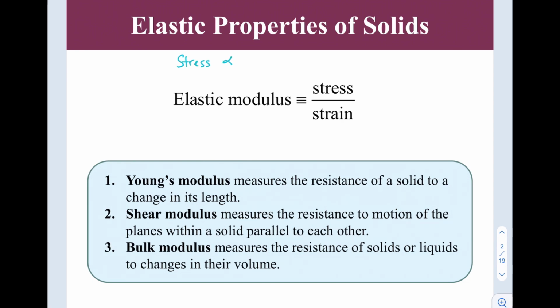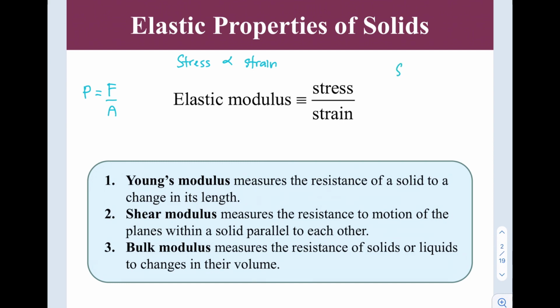Based on observation, stress applied on solids is directly proportional to the strain. What is stress? If you still remember, stress in general is pressure, which is equivalent to F over A, isn't it?